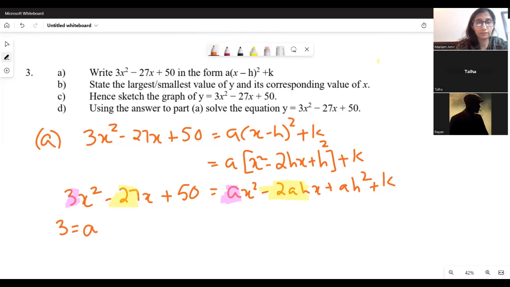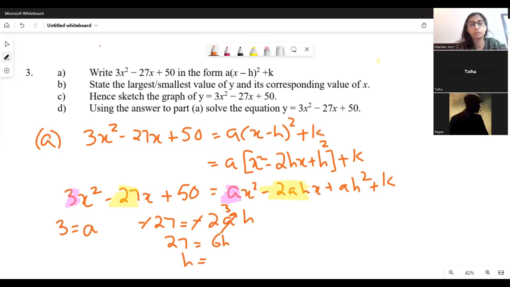So minus 27 equals minus 2ah. Minus minus gets cancelled. A can be replaced with 3. So we have 27 equals 6h, and h equals 27 by 6, which is 4.5.